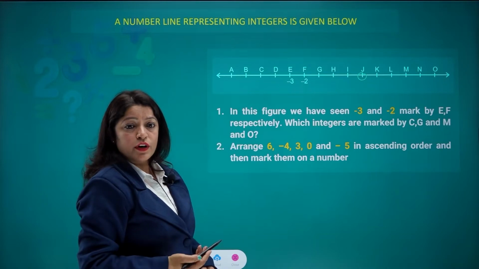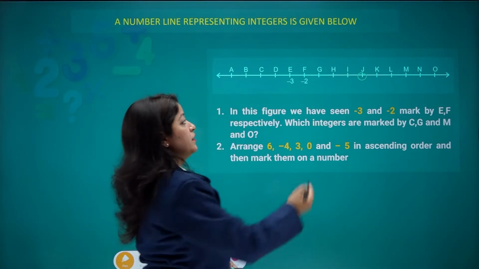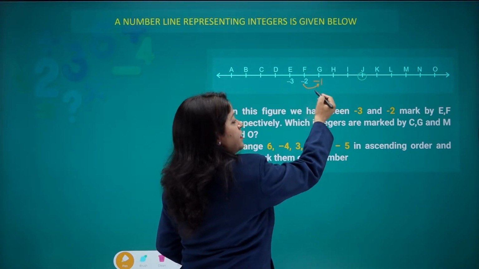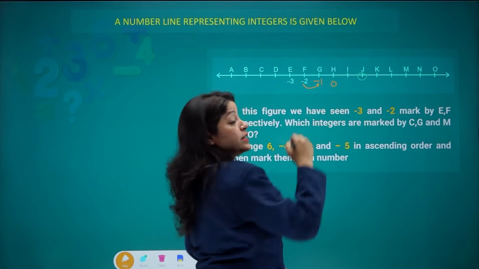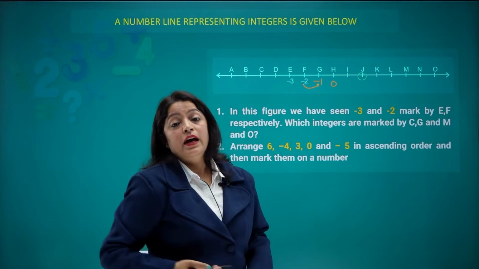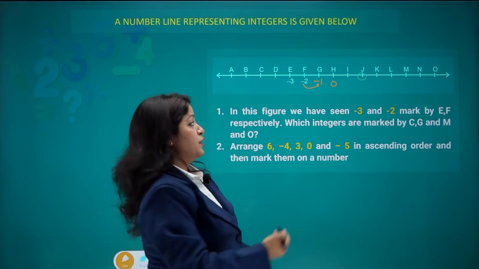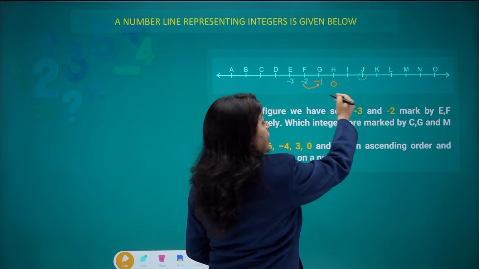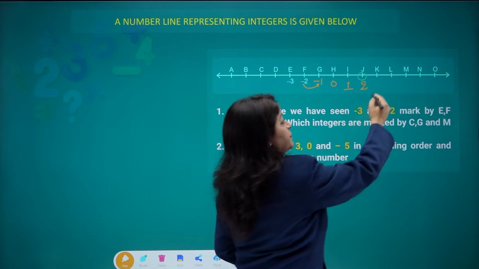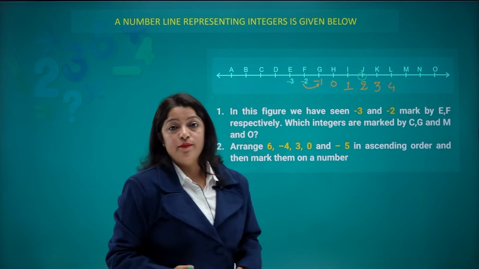So, for this what we have to do? We have to move on to the right hand side, and we find here from minus 2 if I move to the right side I'll get minus 1, then I'll get a 0, because I have to add 1 if I have to go to the right hand side, and I will subtract 1 if I move to the left on a number line. So, while moving to the right side, if I add 1 to 0 I'll get 1, and here 2, 3, 4 and so on.